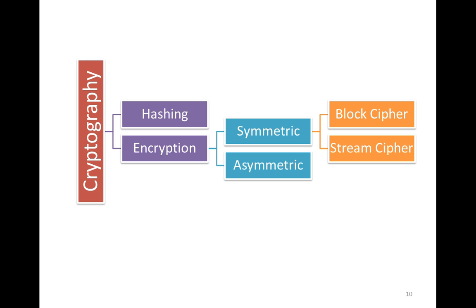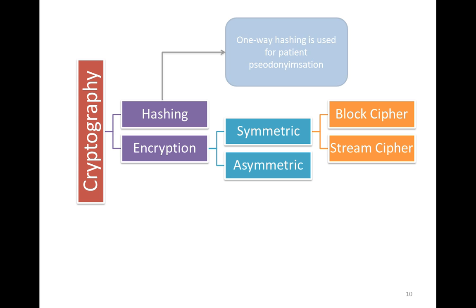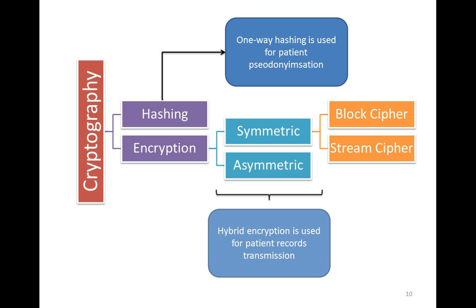We're not going into the details, just what we need for this discussion. We will look at hashing. It's a one-way hashing, and that's used for pseudonymization. That's one of the operations that's required. The second part is hybrid encryption, which makes use of symmetric and asymmetric encryption.